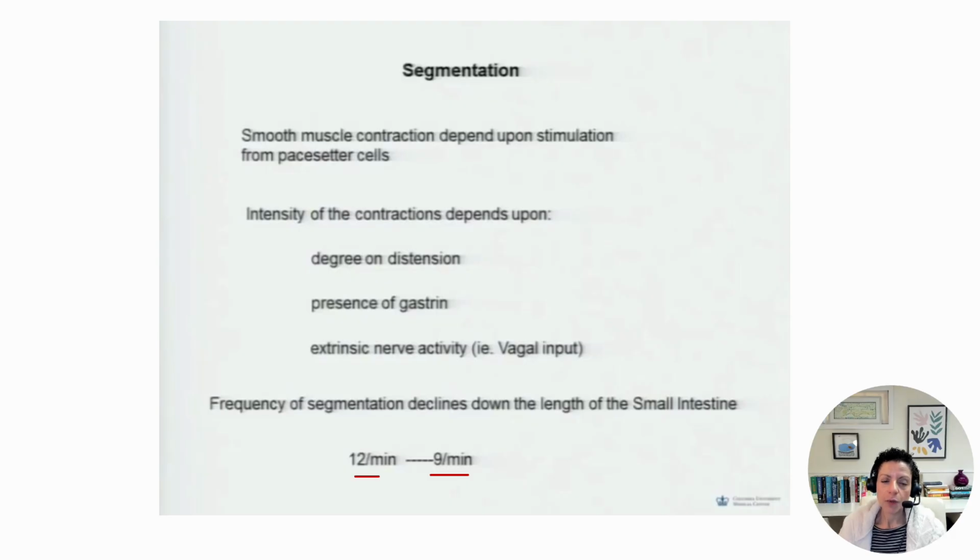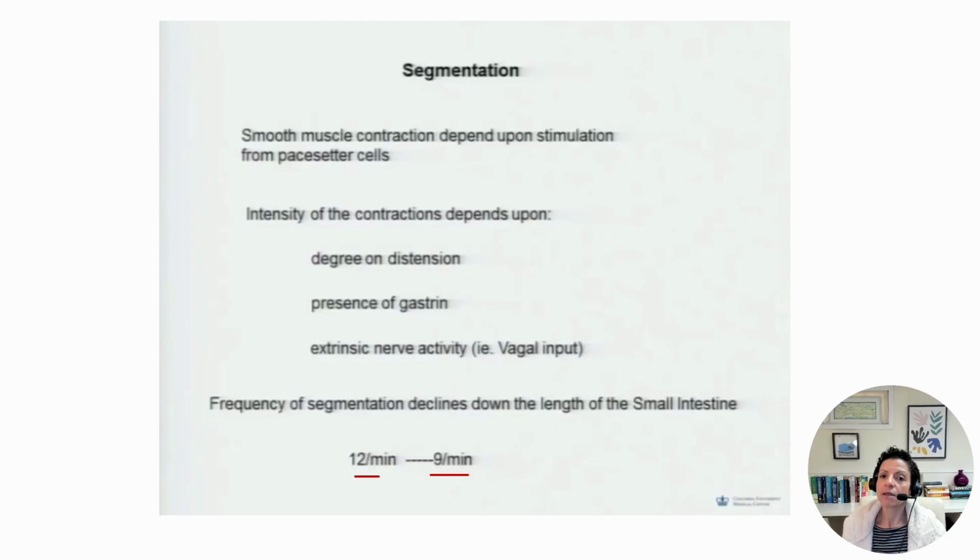Okay? The intensity of the smooth muscle contractions involved in segmentation really depends on the degree of distension, so how much volume of material is in the small intestine, and how much gastrin there is. We know at the beginning of consuming a meal, we get this really big wave of gastrin. Also extrinsic nerve activity, so the vagus nerve, right?